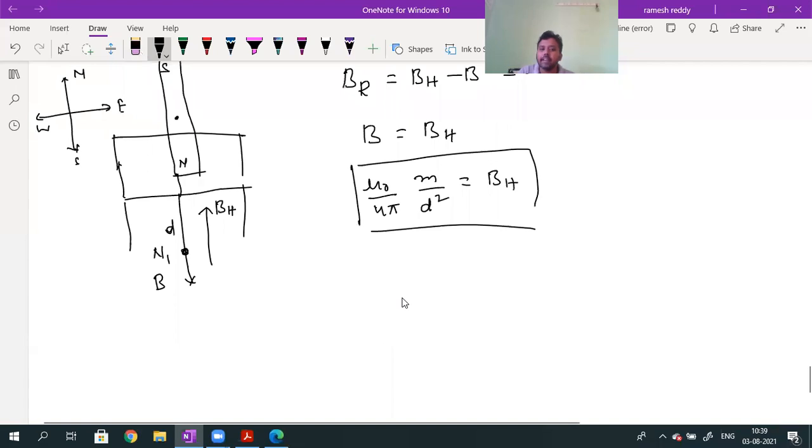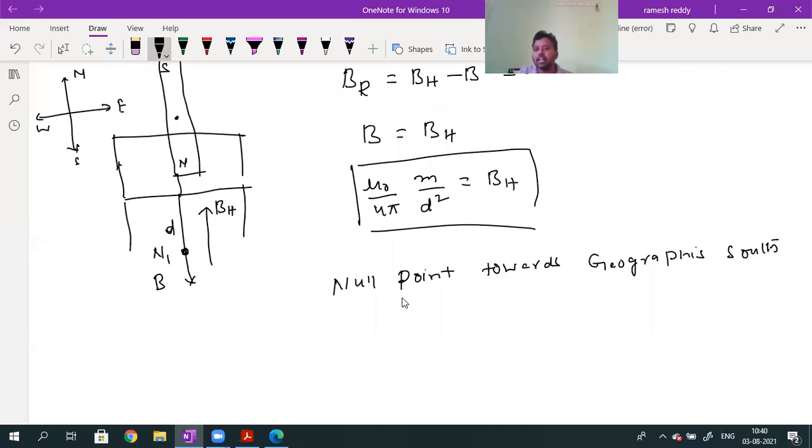When the north pole of a long bar magnet is kept on the table, the null point will be towards the geographic south. Below, the null point will be there.